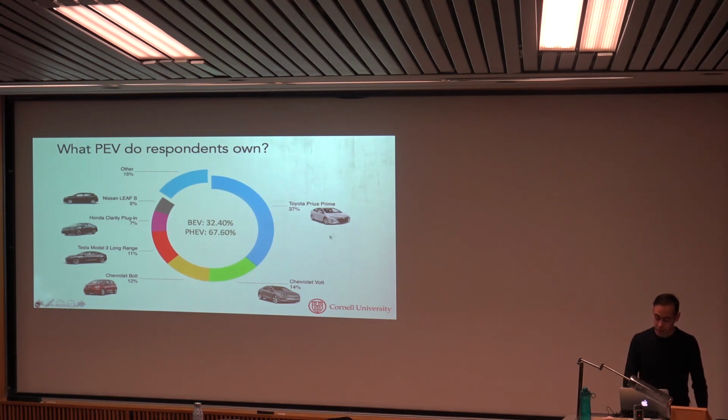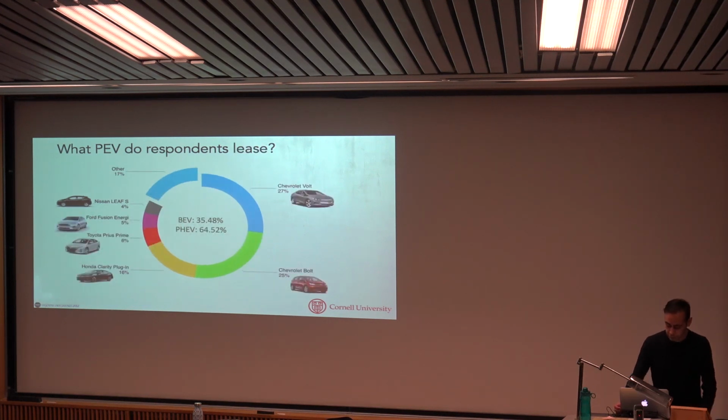And the most popular car is the Prius Prime, which is a plug-in hybrid. In terms of leasing a car, 35% full electric, 65% plug-in hybrids, and the most popular one, the Chevy Volt.